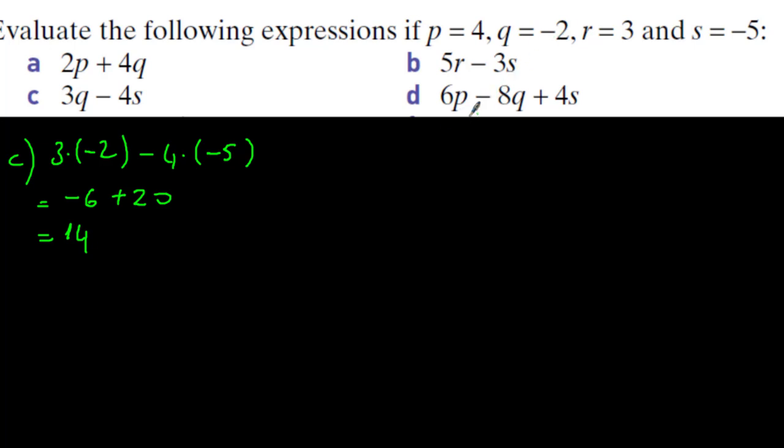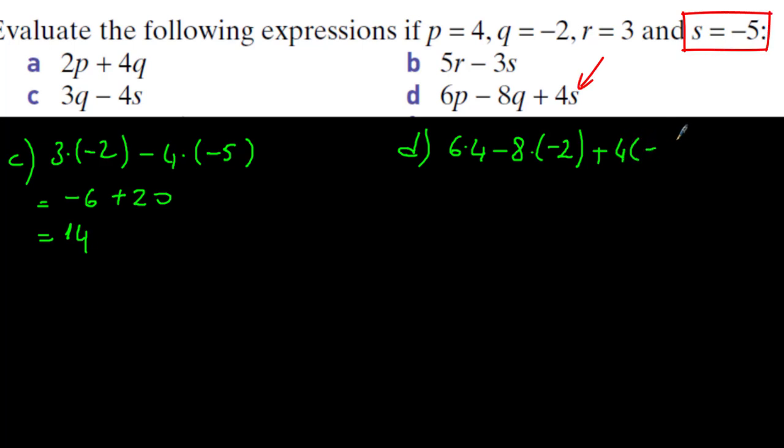And here 6p minus 8q plus 4s I'm solving. 6p means 6 times 4, minus 8 times q, which is minus 2. Since it is negative, I'm writing it in parentheses, plus 4 times s, which is plus 4 times minus 5. 6 times 4 is equal to 24.